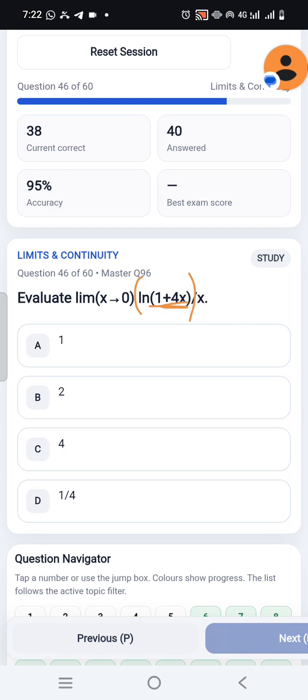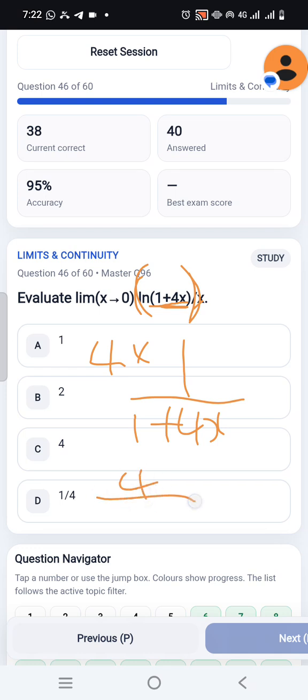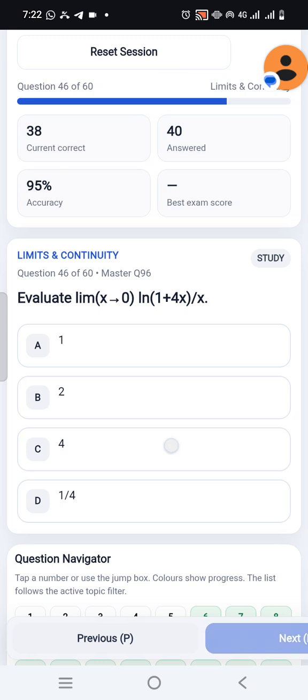When you differentiate 1 plus 4x, we are going to get 0 plus 4. So you write that 4 and differentiate ln of 1 plus 4x as a whole. That is going to give you 1 over 1 plus 4x. When you differentiate x, it is just 1, so that is gone. So that is 4 all over 1 plus 4x. Your x is equal to 0. So 4 times 0 is still 0. That is 4 all over 1. So my answer is 4.